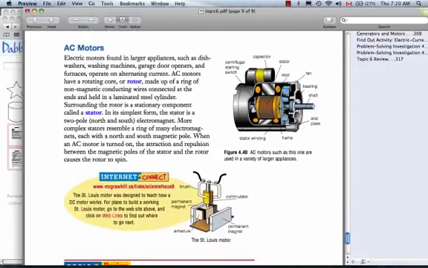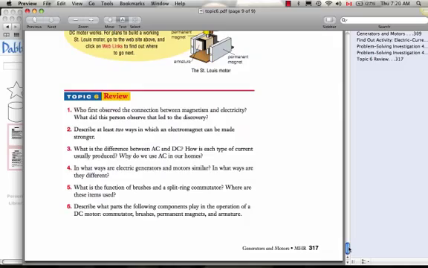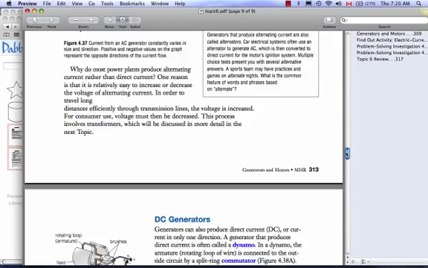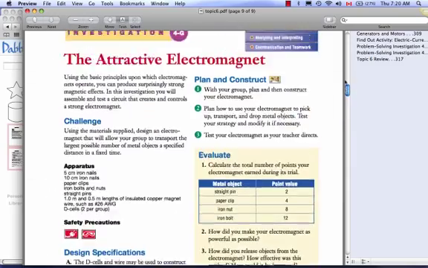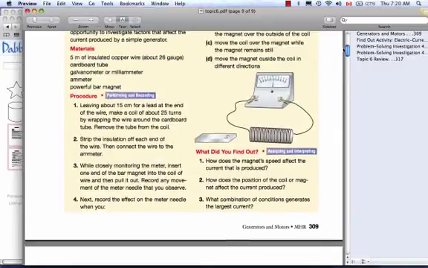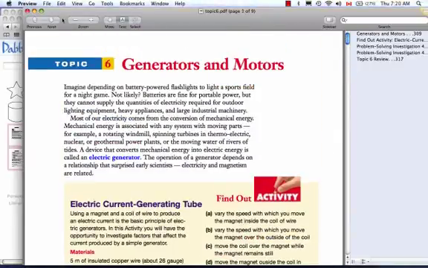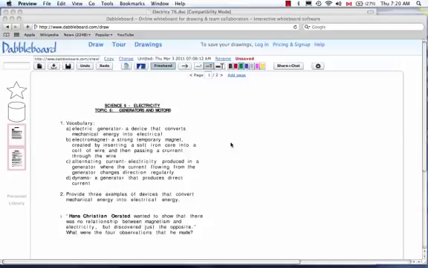So a motor, like the ones in cars and stuff, will convert mechanical into electrical. So any device with an electric motor.